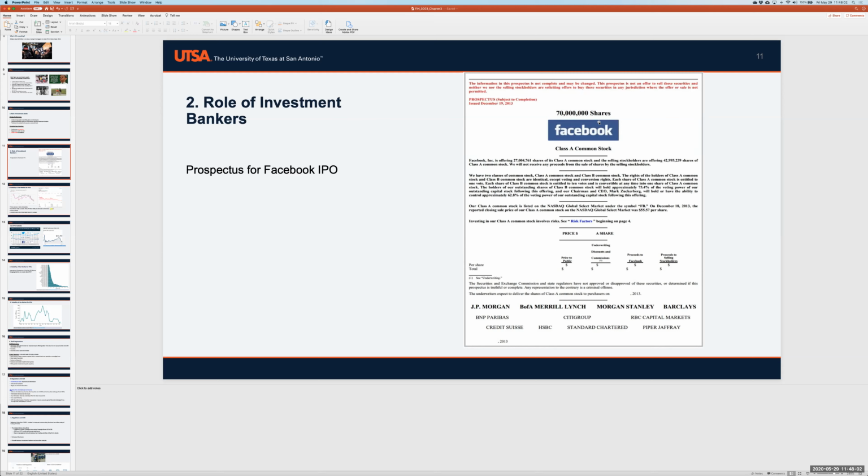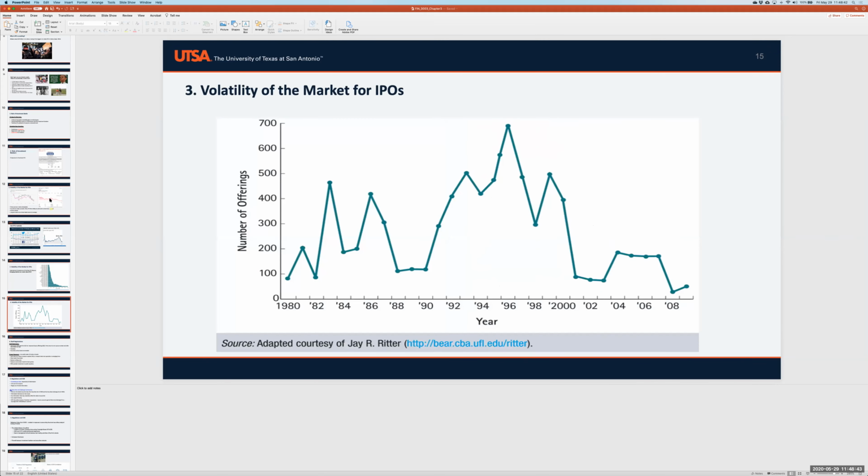So they go to investment banks like JP Morgan, and then they apply to the Securities Exchange Commission to register the shares and approve their preliminary prospectus. And then Mark Zuckerberg can say, okay, I want to only sell 50 million shares now, and I may sell 20 million shares in 6 months. They don't need to sell all of them at the same time, which gives corporations flexibility.